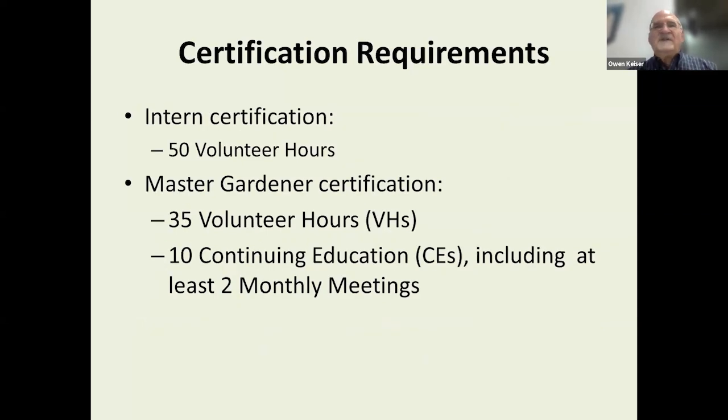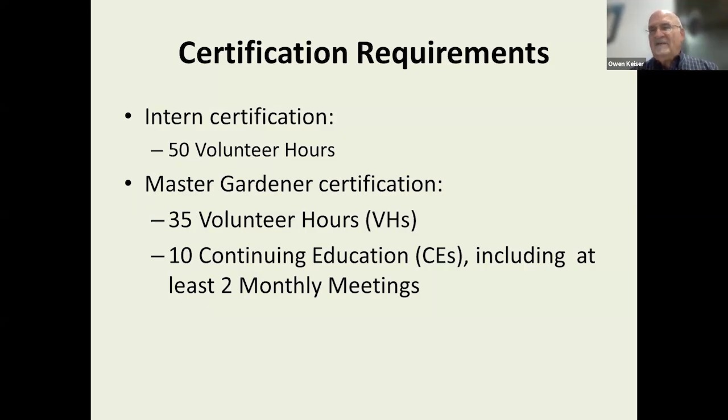Okay, what are the requirements? Intern requirements, and this was a confusion item on my part when I was an intern. Your first year as an intern, your requirements are 50 volunteer hours.